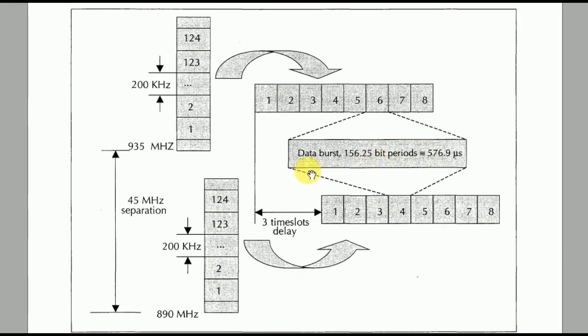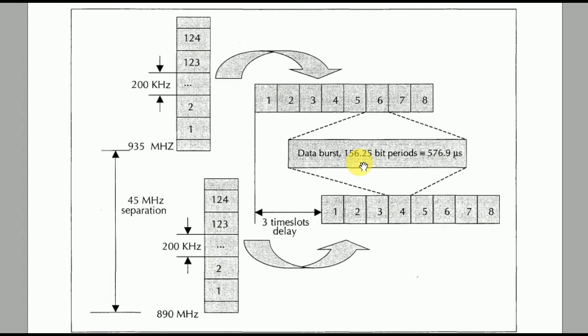The duration of a burst period, 156.25 bit periods, is 0.577 millisecond or 576.9 microseconds. Each channel is divided into 8 time slots. Each time slot contains one burst period.